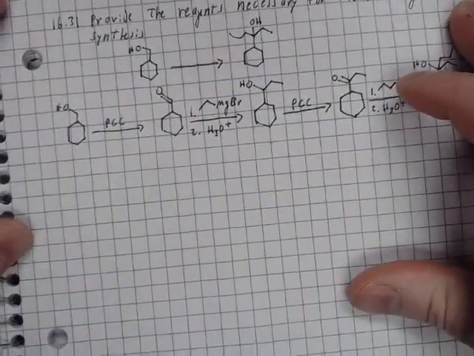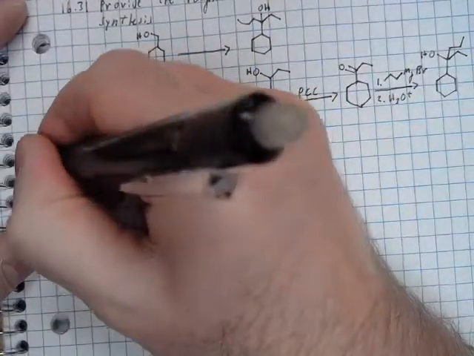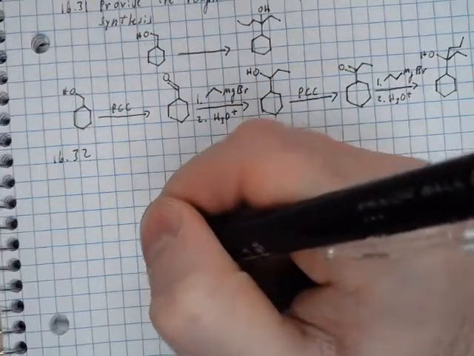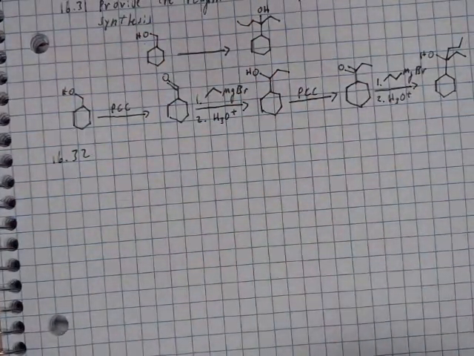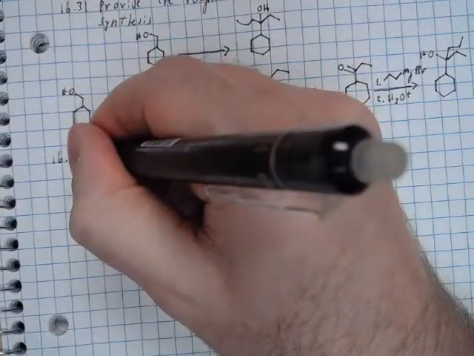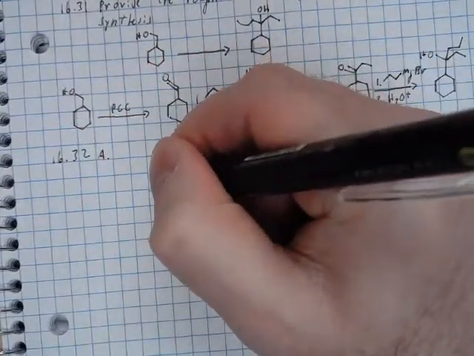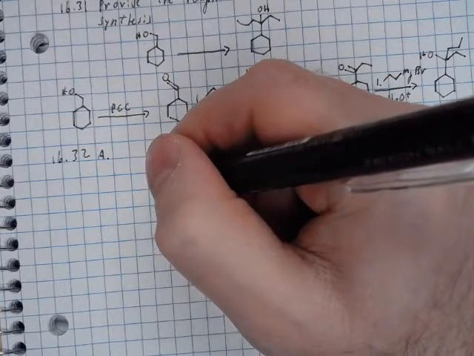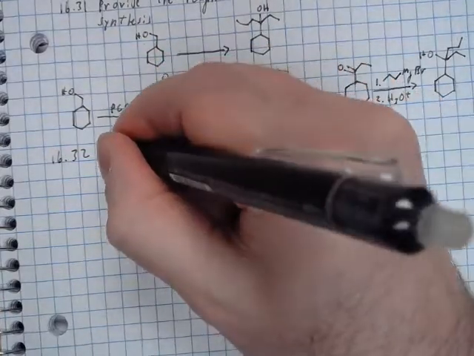We'll go ahead and do problem 1632. And that's in two parts. So 1632A, synthesize phenylpropyl ketone from benzene and any other needed reagents.